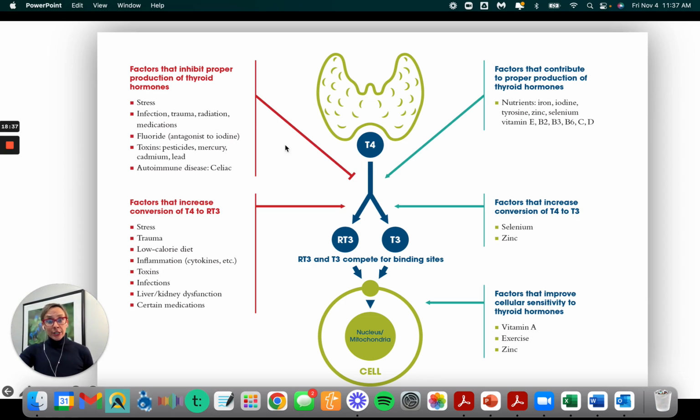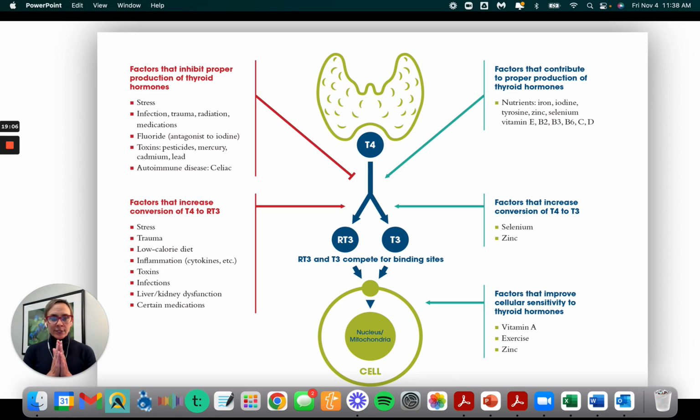These over here are the things that inhibit. So stress, infection, trauma, radiation, medications, fluoride, all these things inhibit the thyroid gland from making T4. What increases the reverse T3, the T4 going to reverse T3, are these things as well: stress, trauma, low-calorie diet, inflammation, toxins, infection, liver and kidney dysfunction, and certain medications.